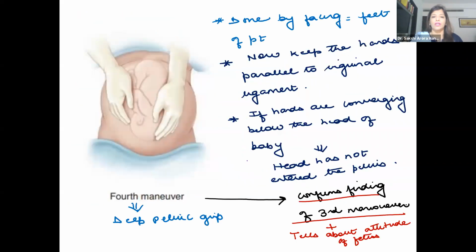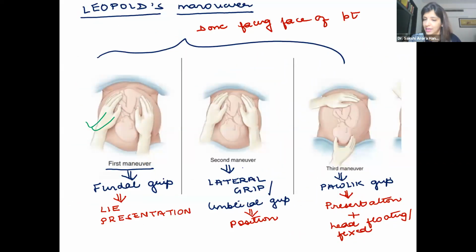So that is what Leopold's third maneuver is telling you. It is telling you about presentation, plus it is telling you whether the head is floating or fixed. Floating means the head has not entered the pelvis. Fixed means the head has entered the pelvis. I haven't used the term engaged here. Please be very careful, right?